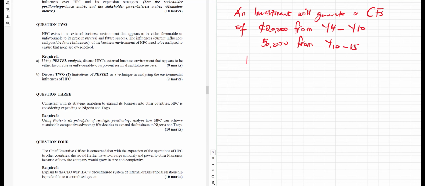Now let's try this one. Discount factor at 10%. Find the PV of the cash flows. Can we try this one?